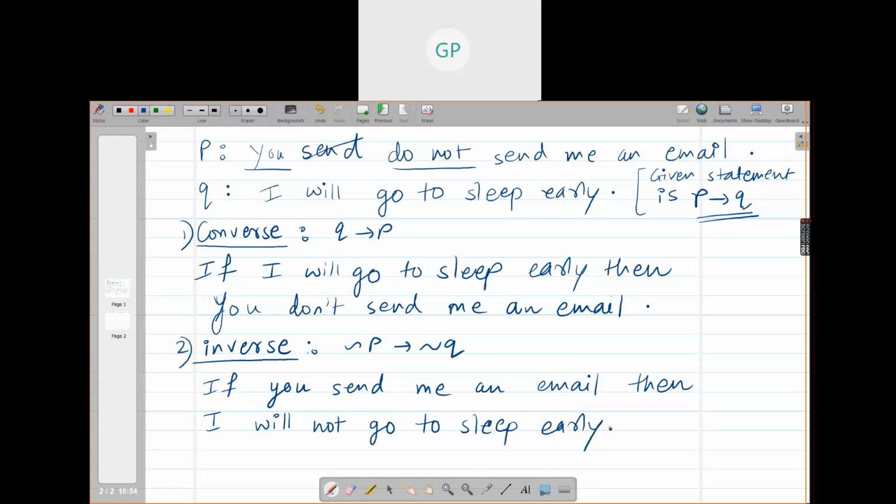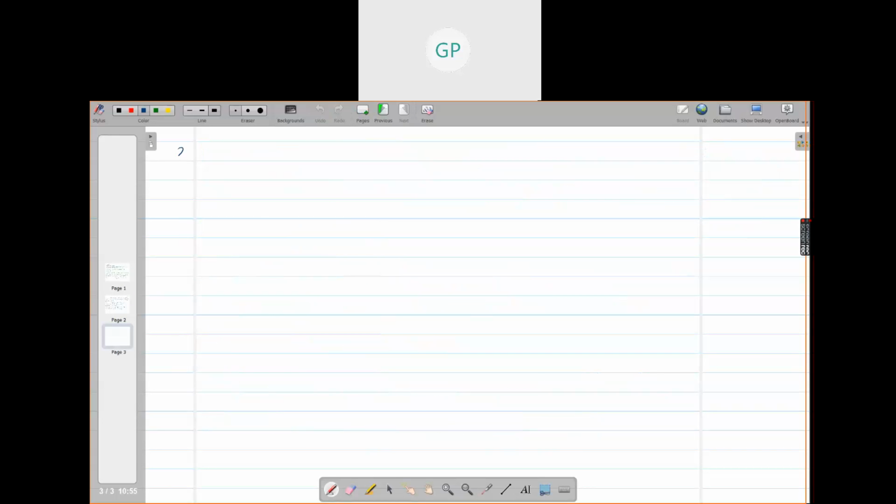Okay, this type of question can come for 2 marks. You will be given a word problem and you will be asked to write any of these three. Write converse, write inverse, write contrapositive. So first you have to write symbolically and then in words. Now the third one, contrapositive. Symbolically, what is contrapositive?